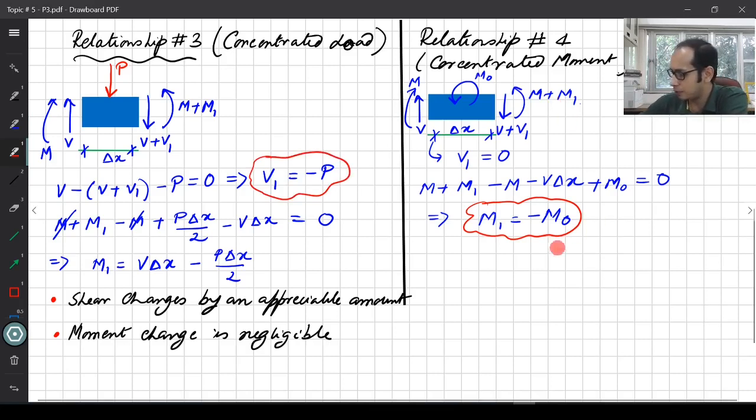So here also, like we made those two bullet points, we can make two more bullet points for this particular case. So let's go ahead and make them.